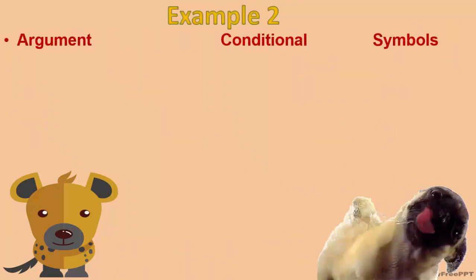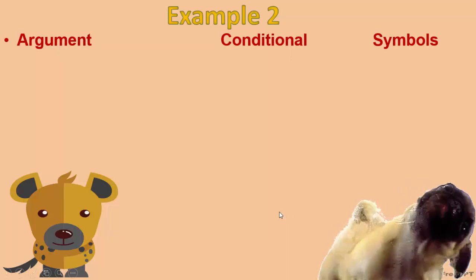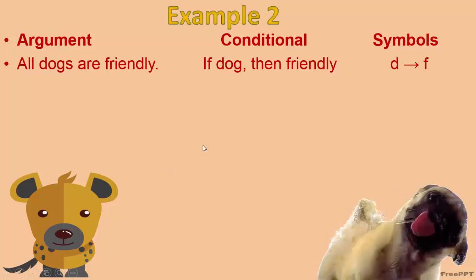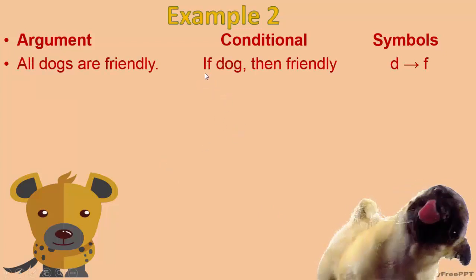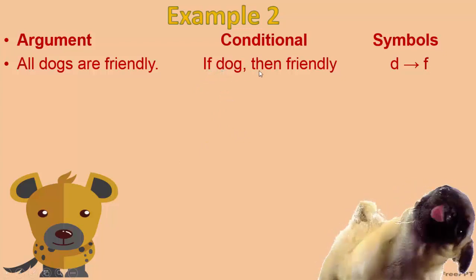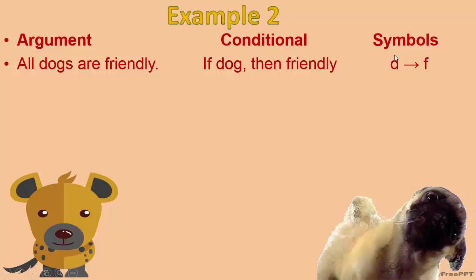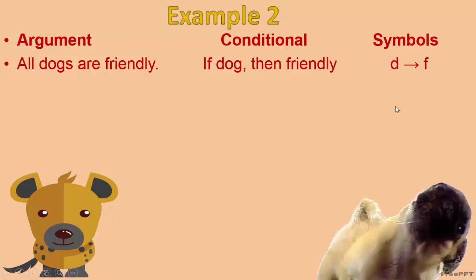So we first write our argument, conditional, and symbols, and we first do the first line, all dogs are friendly. Then we write it in terms of the conditional language, if a dog, then friendly. And then the symbol, if dog, then friendly.